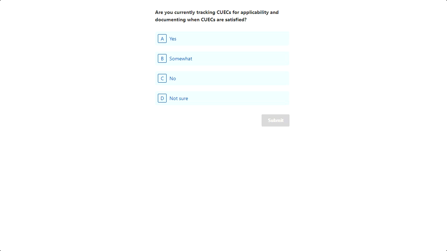It won't work correctly. So you have to do this control in order for our product or service to work. So if there are any controls like that that require the client to perform an action in order for the vendor's product or service to work, then the vendor is required to notate that in the SOC report. So if controls like that exist, they're required to put them in the SOC report.